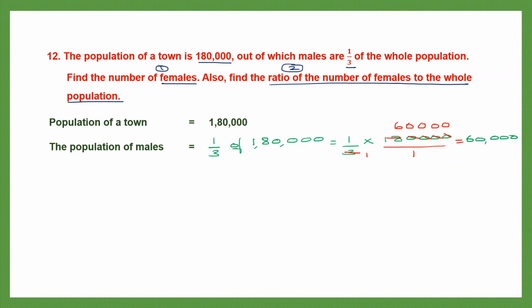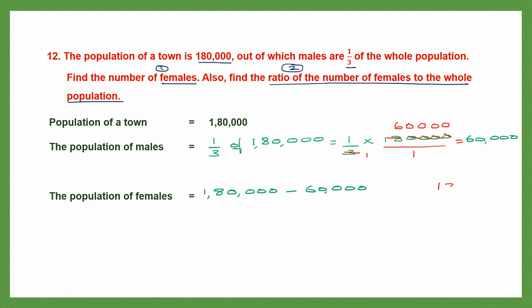Okay, so the total population is 1,80,000. Out of that, the number of males is 60,000. Now let's find the number of females. So all we have to do is take 1,80,000, this is the total population. From this, subtract the number of males. So we will get the number of females. So let's do that.